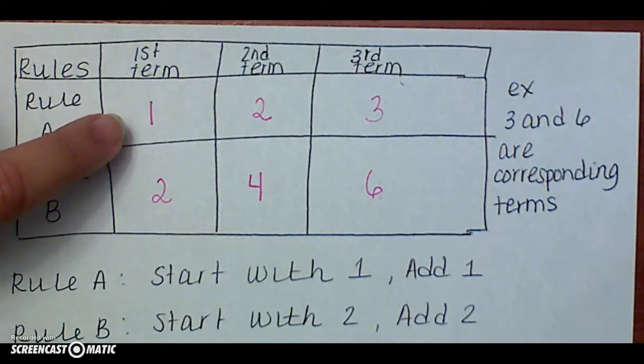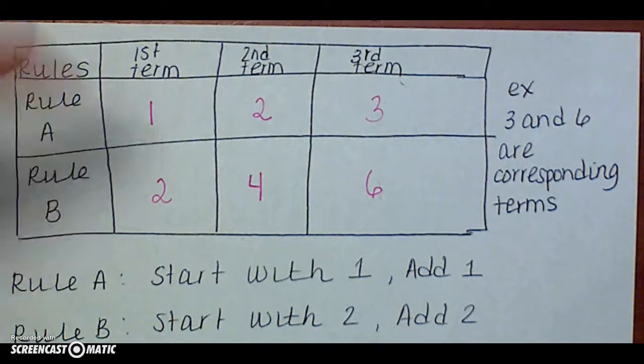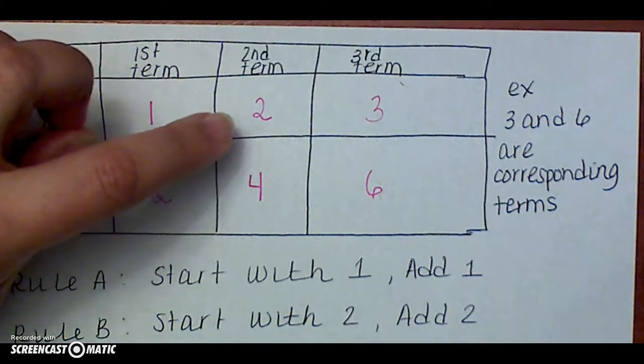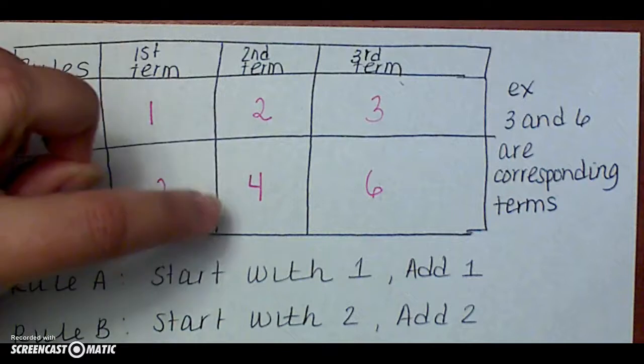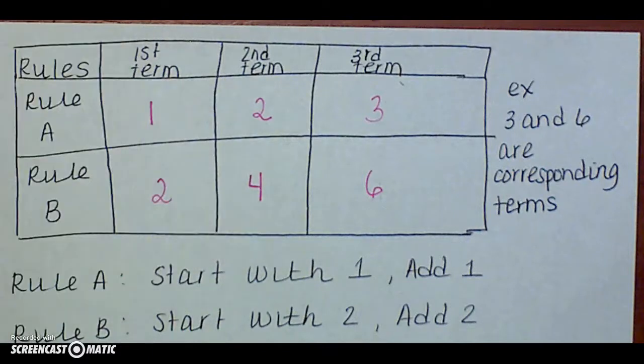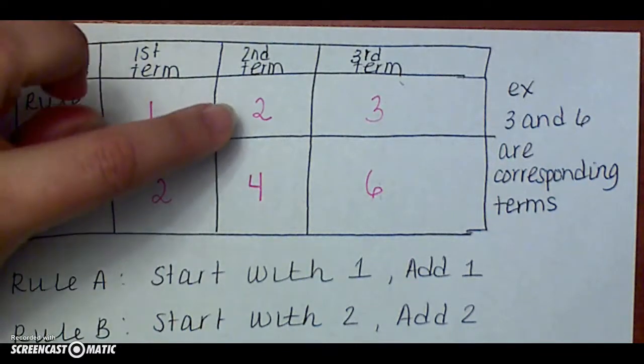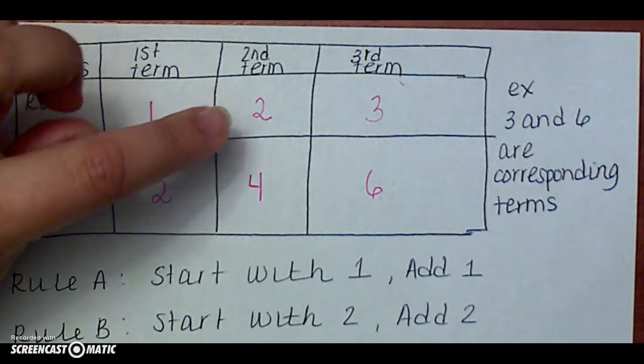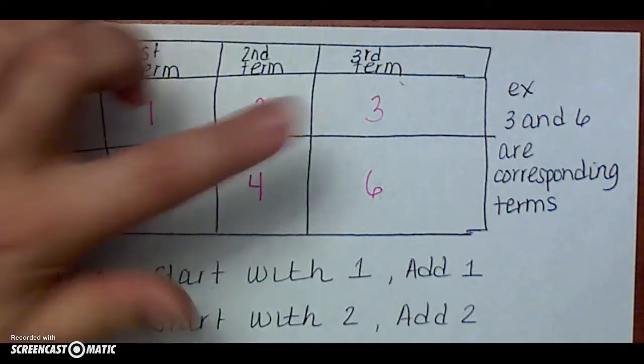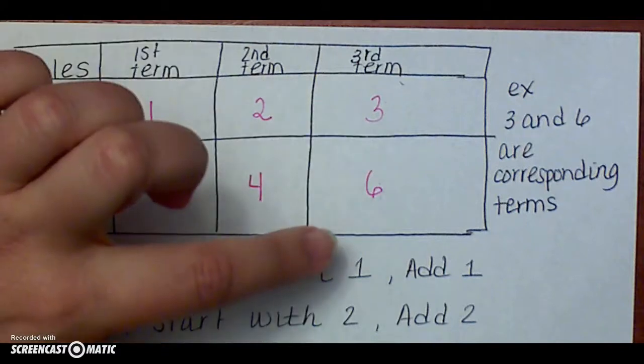And we want to see what the consistency is, so those are my choices. But if I go over here to the 2, if I add 1, I get 3. So that I know that it's not adding 1. But look at, if I multiply times 2, 2 times 2 equals 4, and 3 times 2 equals 6.